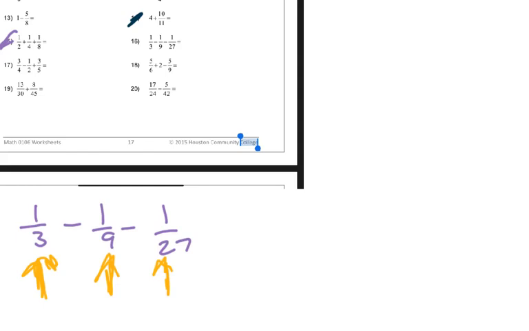In a real world sense, let's say you have 1/3 of a pizza and you take out 1/9 of the pizza and you take out 1 over 27th of a pizza. You don't have to worry about that not making sense because 1/3 is significantly larger than 1/9 and 1/27. Think about cutting a pizza into 9 slices and how much that is versus 1/3, right?